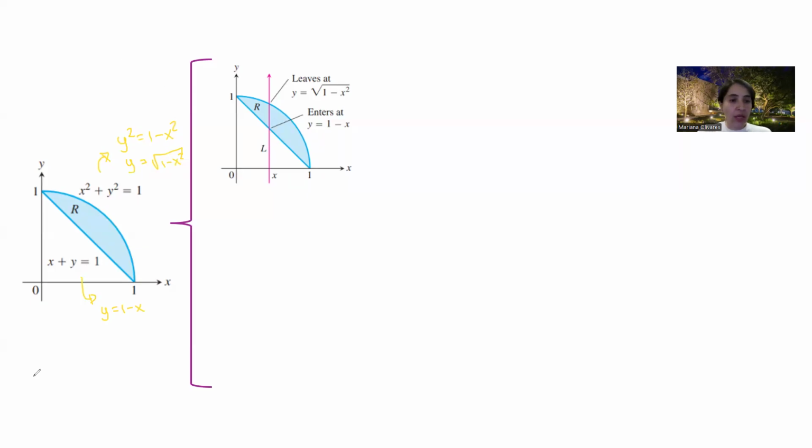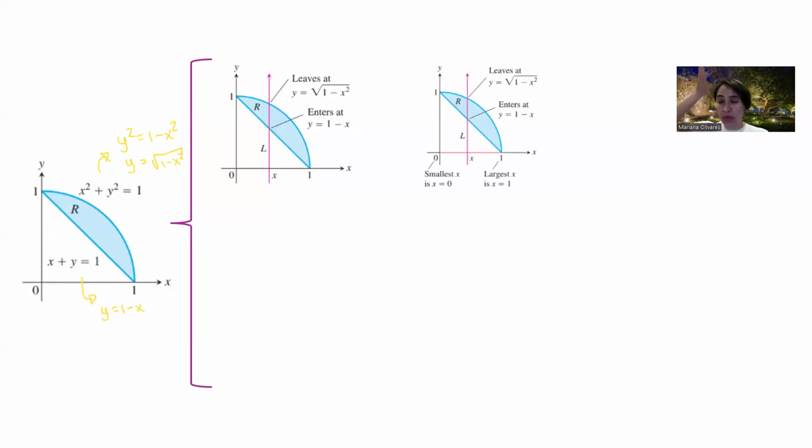So if we're thinking about solving something first with the y variable, remember, it means that we are trying to enter the region by this first line and leaving it with the second one. And for the other variable, in this case x, we have to have the smallest value of x, which in this case is 0, and the highest value of x, which is 1.